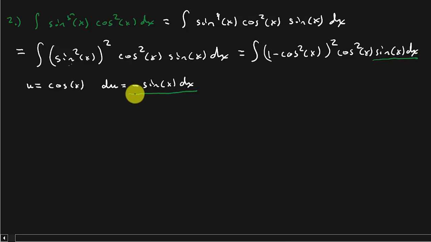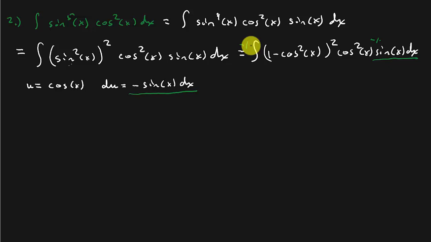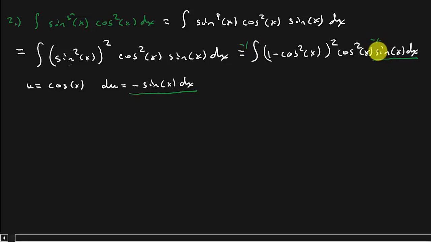I need negative sine x dx. So I'm going to multiply by -1, which means I need to come outside the integral and multiply by -1. Because remember, you can't just multiply by something. You've got to multiply by 1, and -1 times -1 is +1.